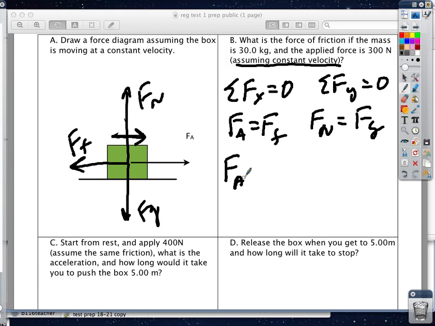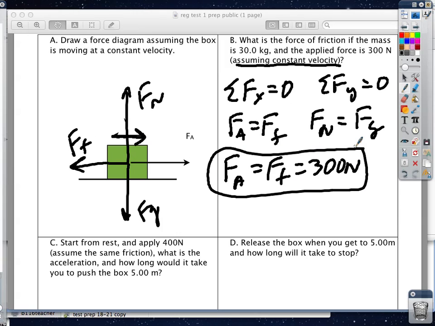Actually, it doesn't matter. We could have just said this is 300 newtons. Technically, if you just wrote that, you're done. So it's kind of like a trick question. No, not a trick question, but.